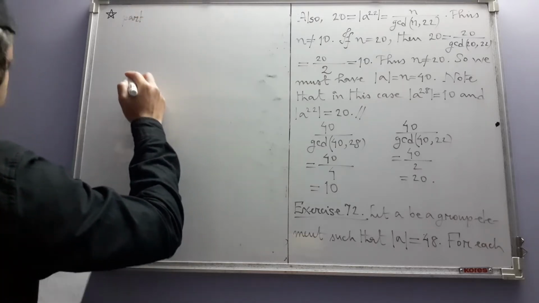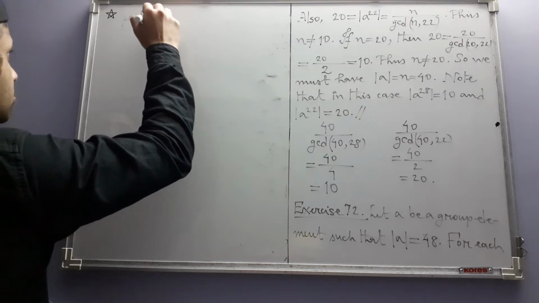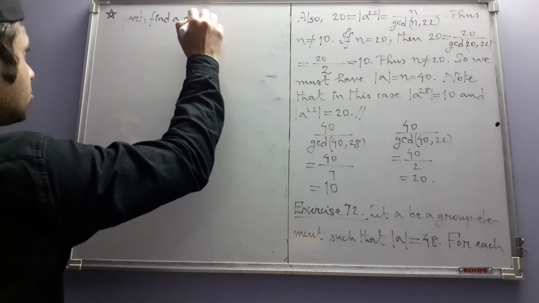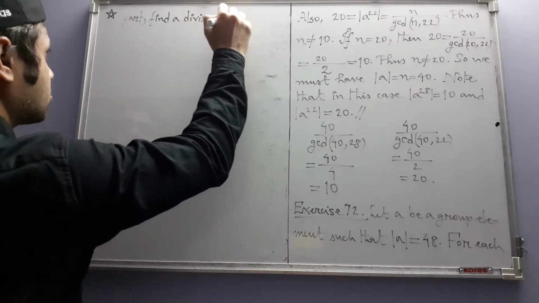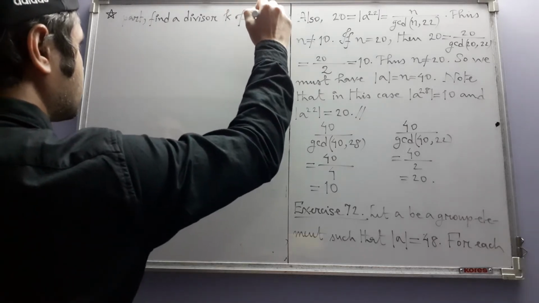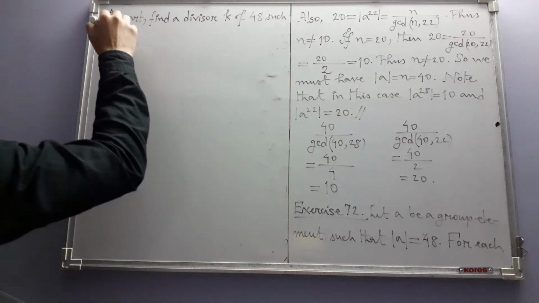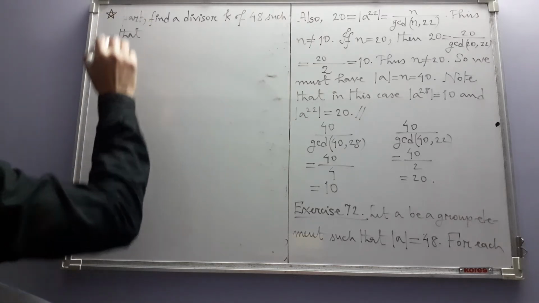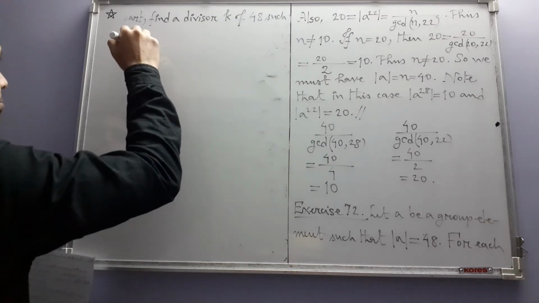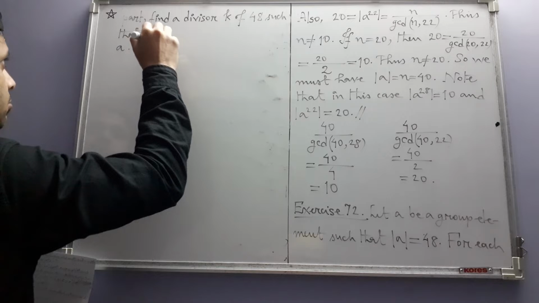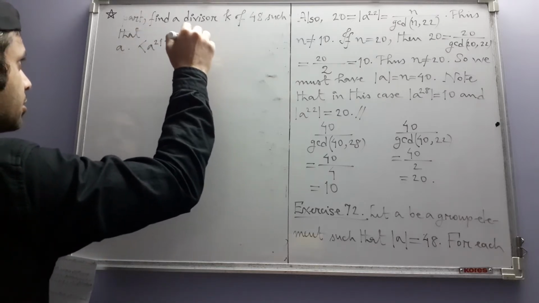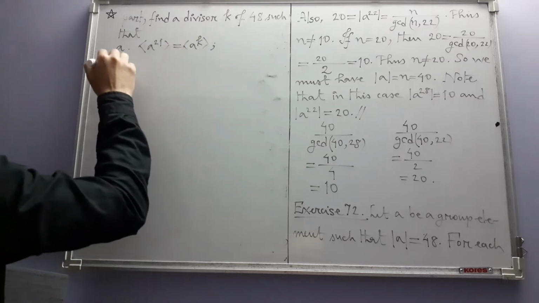For each part, find a divisor k of 48 such that the cyclic subgroup generated by a to the power 21 equals the one generated by a to the power k.